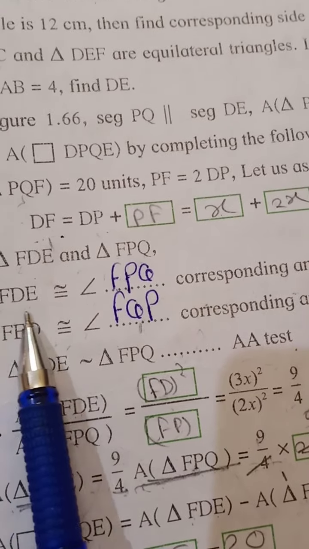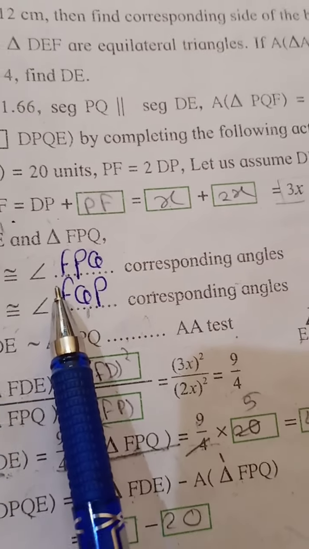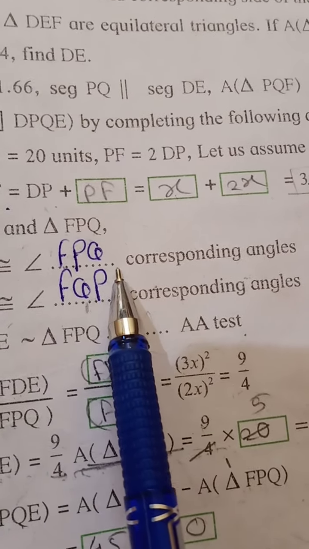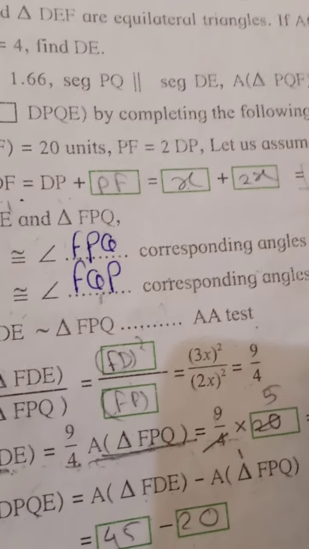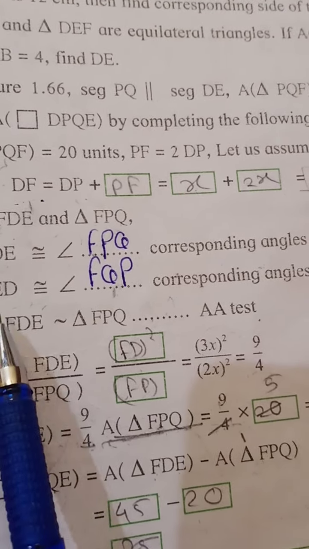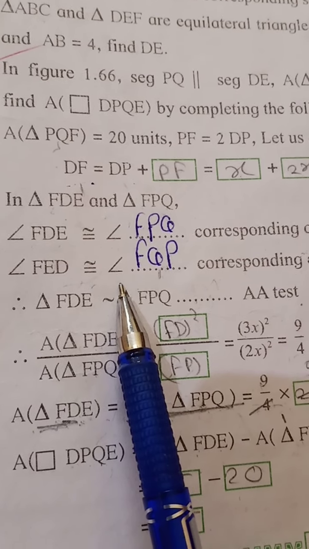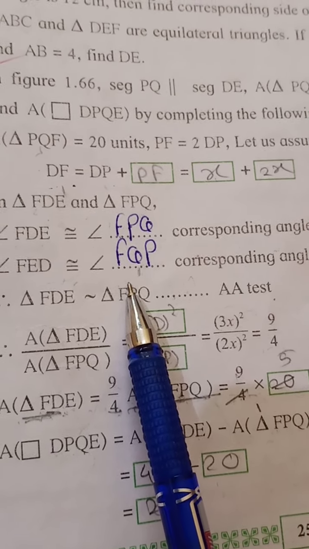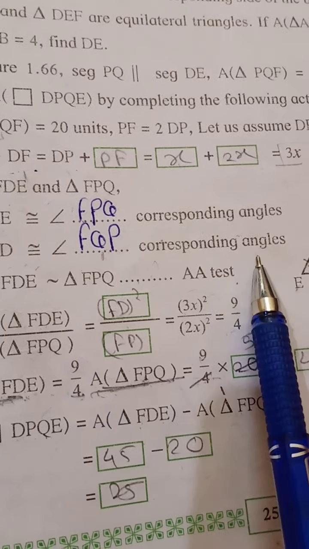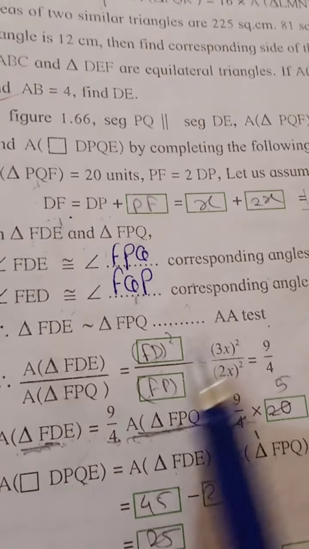Angle FDE is congruent to angle FPQ, that is corresponding angles, and angle FED is congruent to angle FQP, that is also a corresponding angle.